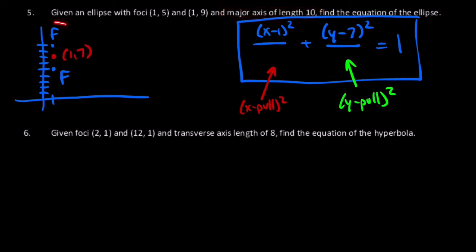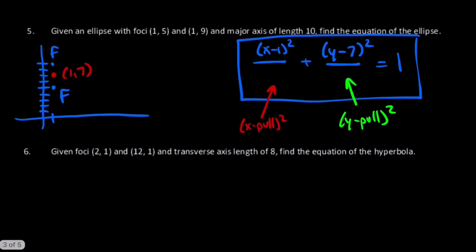So since my ellipse will look like this, my major axis is going to be vertical. So that's going to give me my y pole. And in this case, my y pole equals 5, because remember, the entire length is 10. So this will be 5 squared, 25.